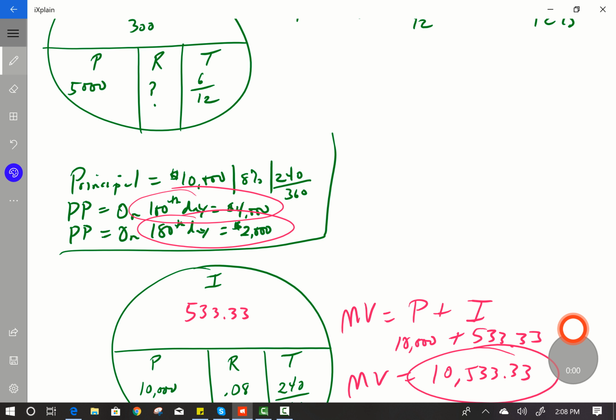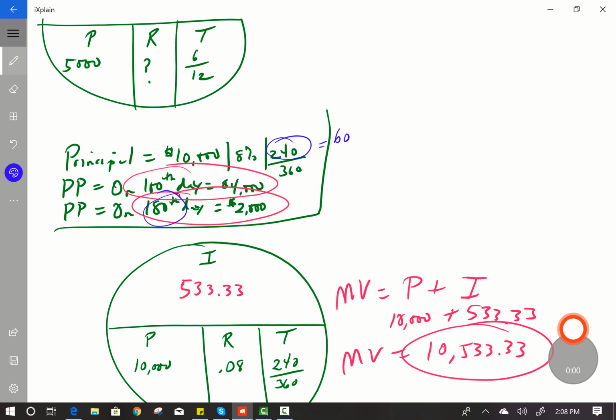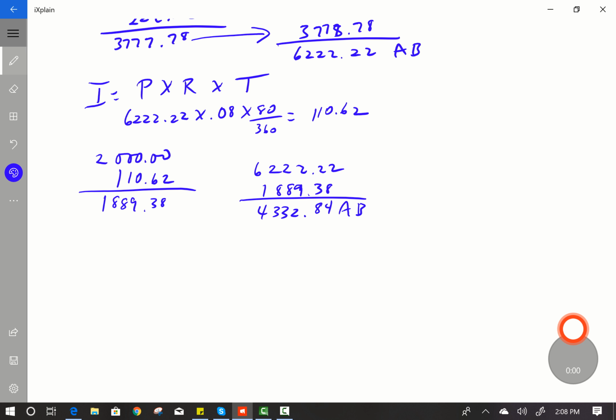We made our last partial payment on the 180th day, and the difference between the 180th day and the 240th day, 180 to 240, is 60 days. So we have 60 more days without a partial payment. So I need to find out how much interest needs to be applied for those 60 days.